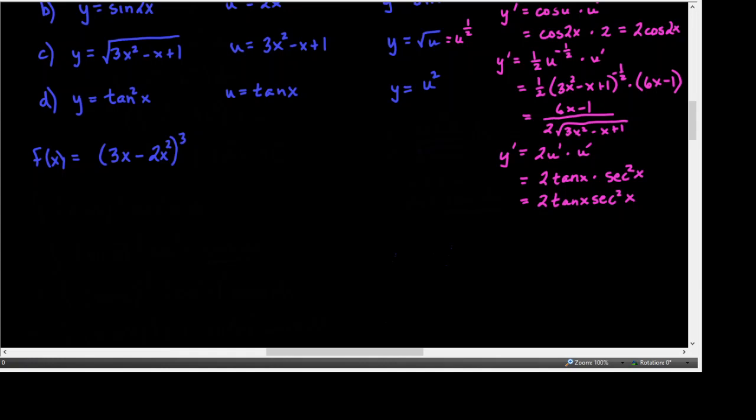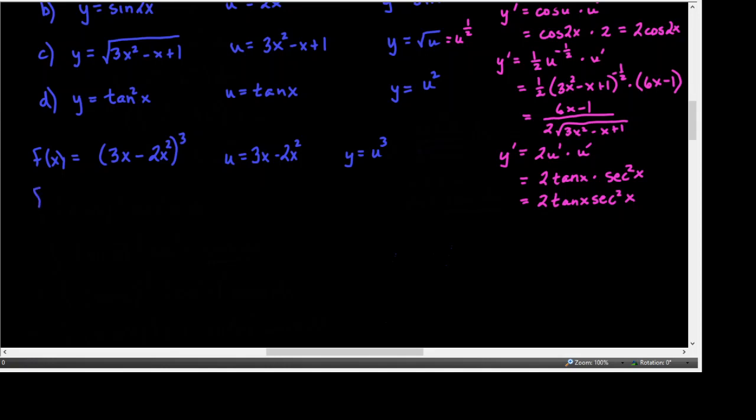So you don't necessarily have to write down what I'm about to do. You could skip this and do it in your head, but I want to write it down this first time. The inside function needs to be identified, even if just inside your head. And you need to identify what the outside function is. It's the cubing of that inside function.